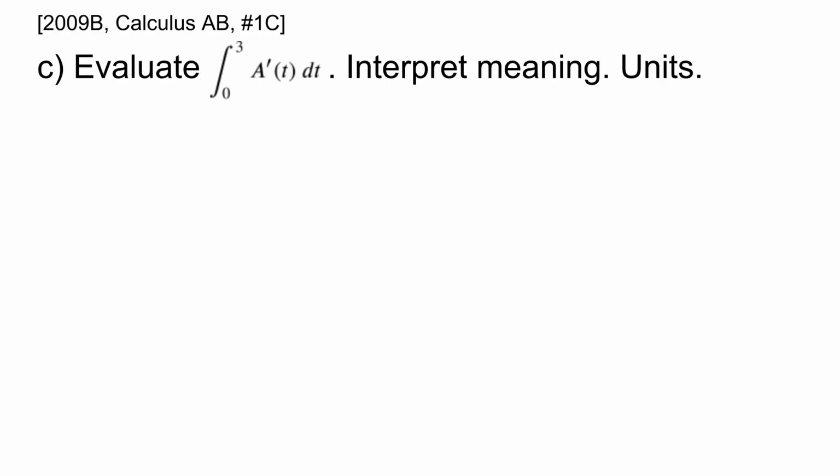In part C of this question, we are asked to evaluate the integral from 0 to 3 of A prime of t dt and interpret its meaning, including the units. So because this is a definite integral, by definition, or the fundamental theorem of calculus, the integral from 0 to 3 of A prime of t dt would just be A of 3 minus A of 0.